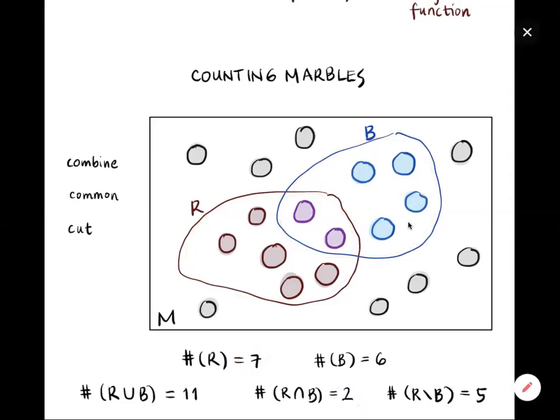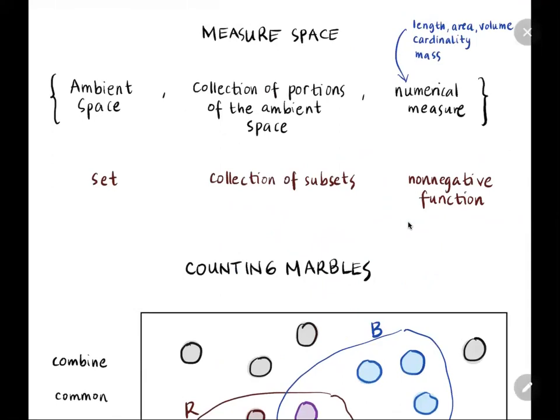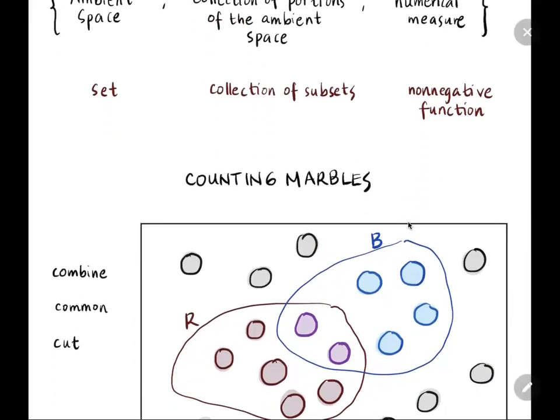So based on this example, this collection should satisfy some properties involving set operations. Okay. So in the counting marbles example provided here, if we can count the number of elements of two sets, we should be able to, at least in principle, take the number of elements of the union, the intersection, and the set difference.